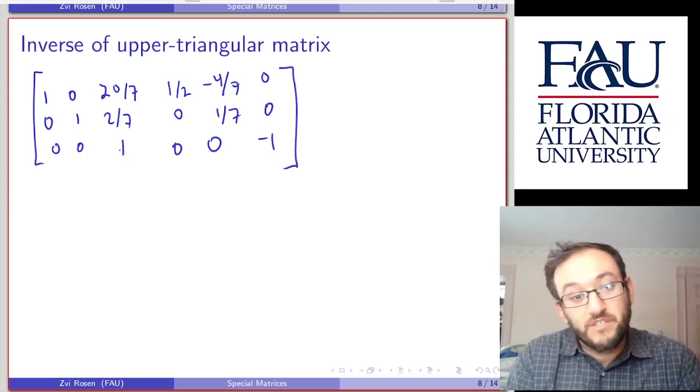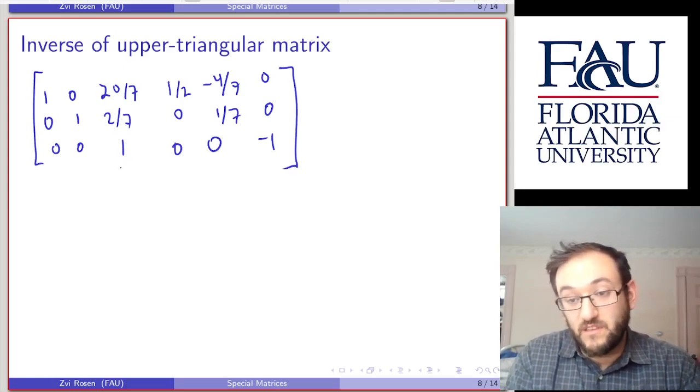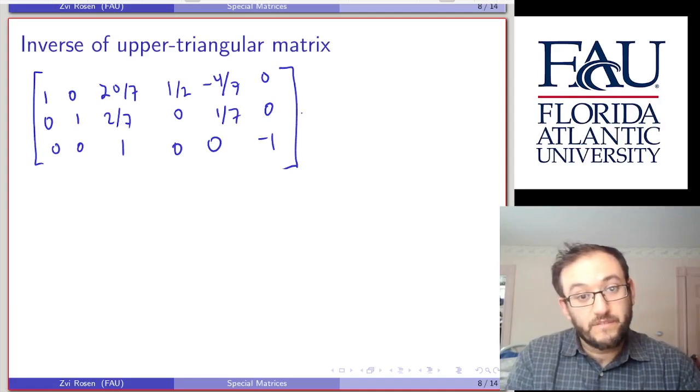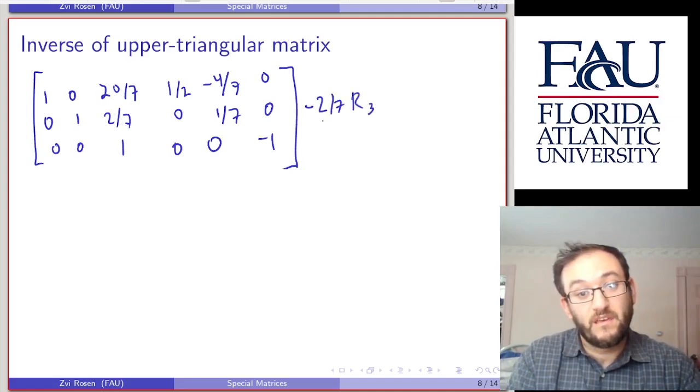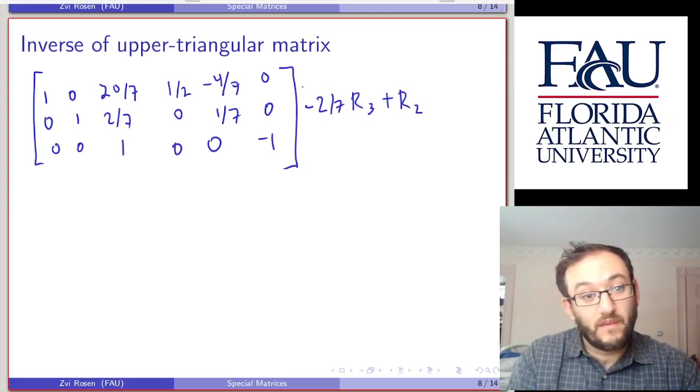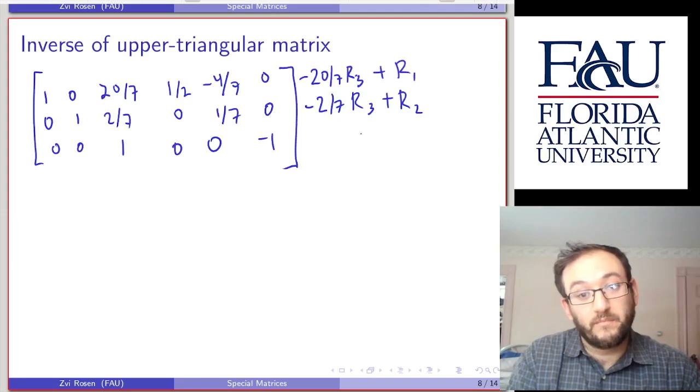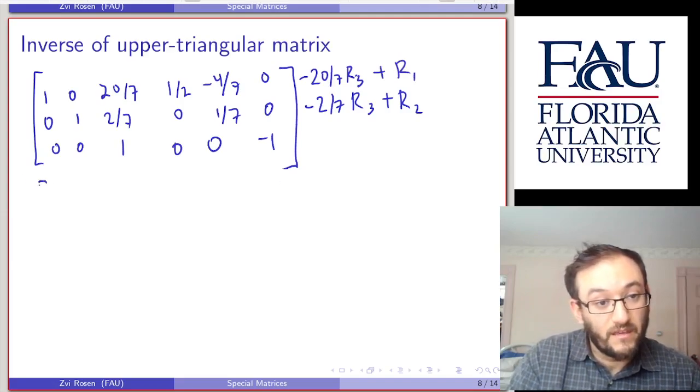What's left to do is just to get rid of the entries above the third leading one. So we can take minus 2/7 times row 3 and add it to row 2, and minus 20 over 7 times row 3, add that to row 1. And what we get is very simple.